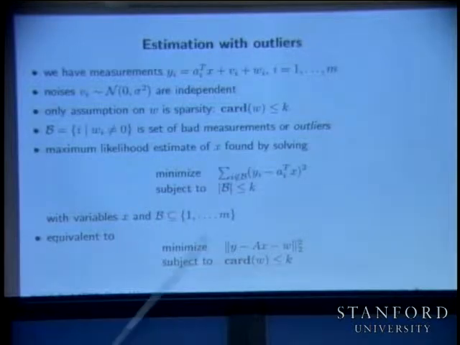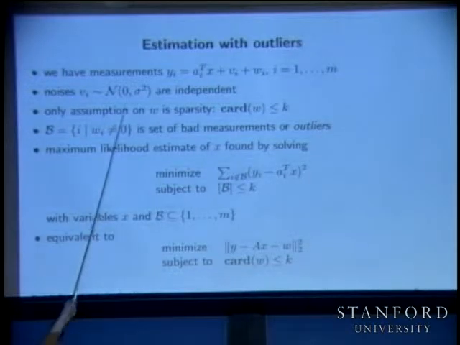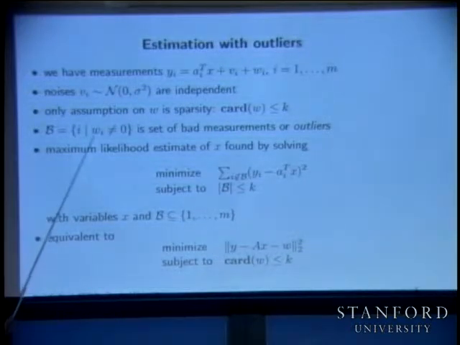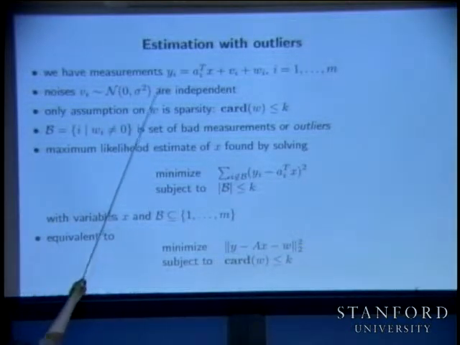This is our statistical excuse for using least squares. That's what this means. But then you have this other weird noise, w. And the only thing you assume about it is that it's sparse. So for example, it has fewer than k nonzero entries or something like that. And basically these represent either anomalies, outliers, or bad measurements.